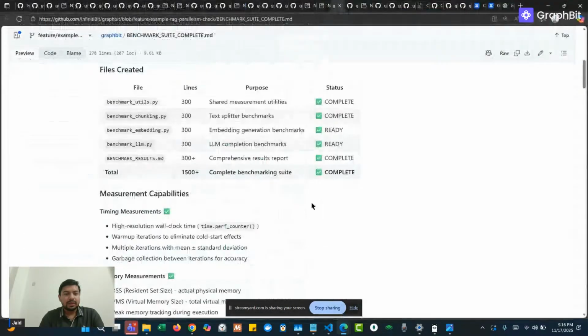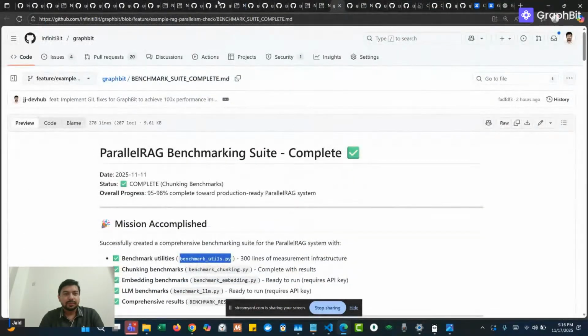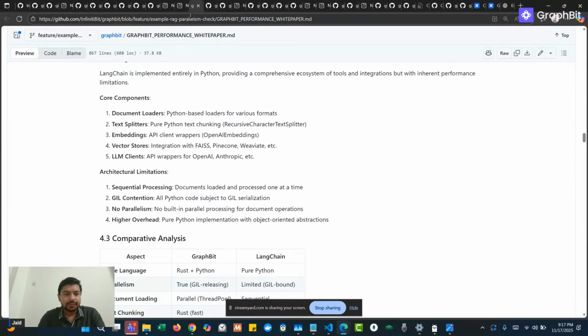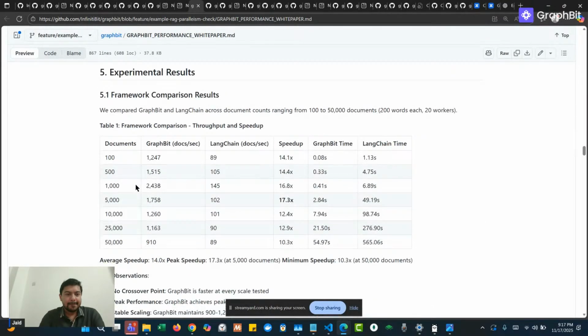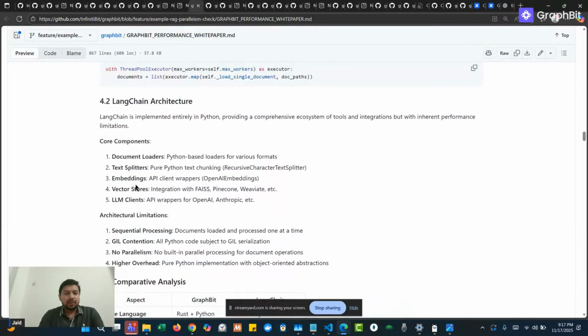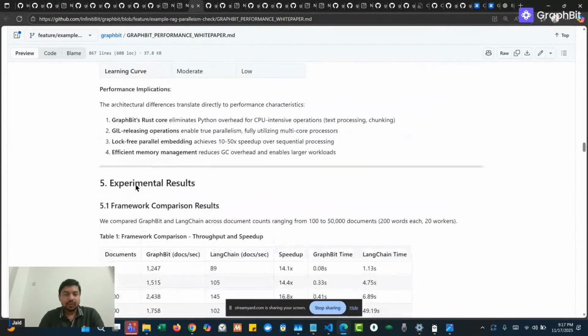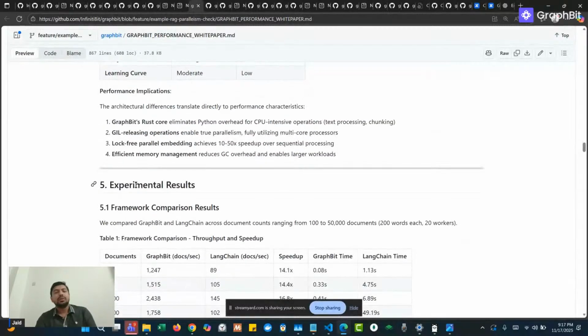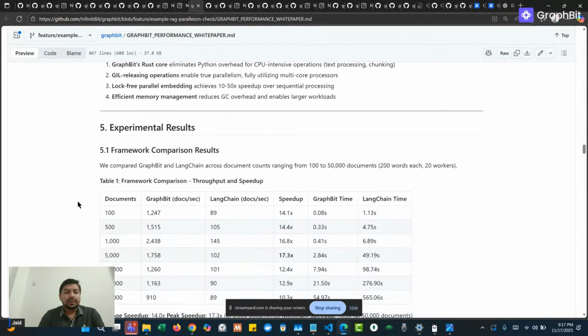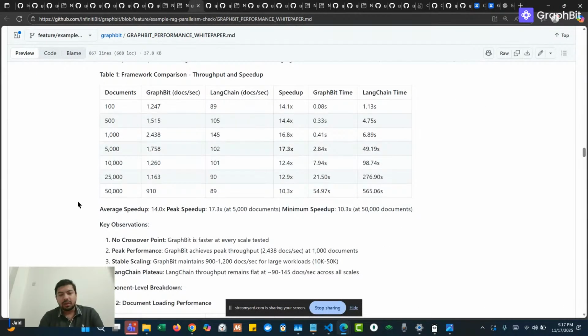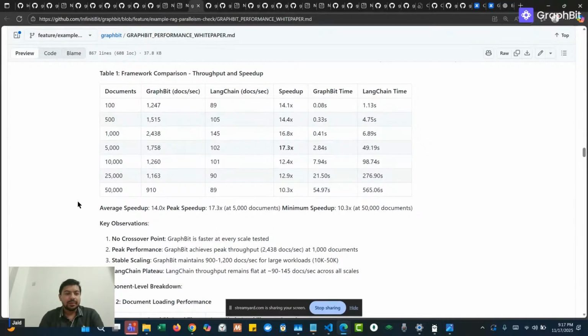In the meantime, let's check out the paper. Let's check out the experiment results already gathered earlier, until the latest ones arrive.